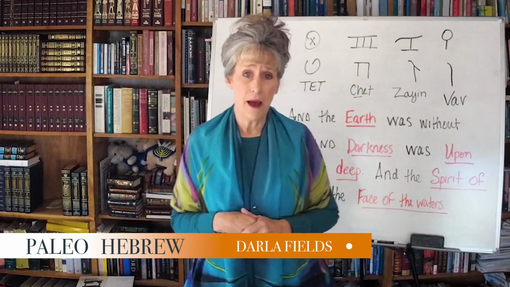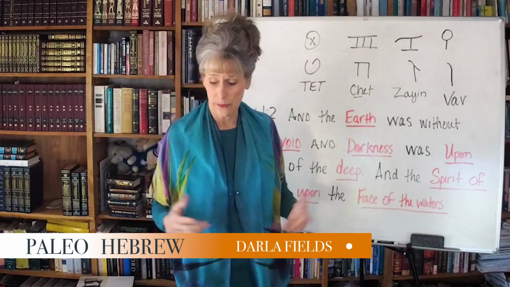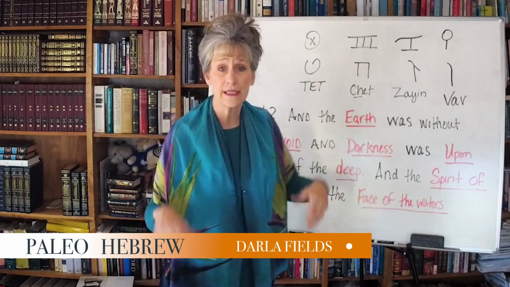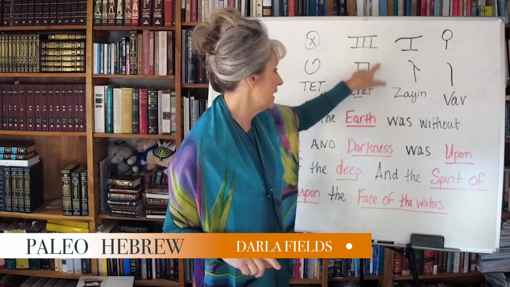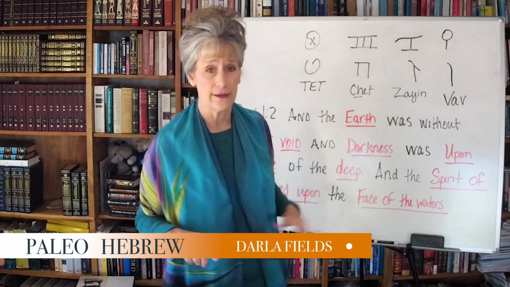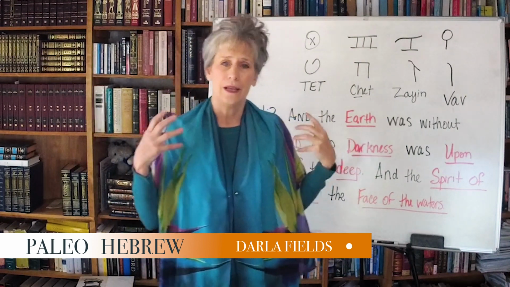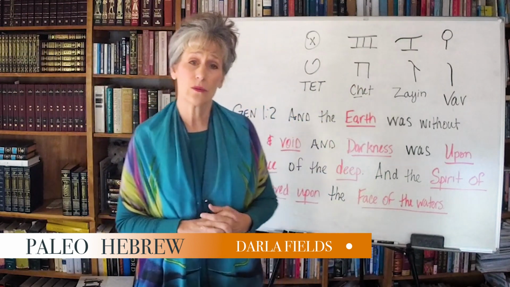And today in modern Hebrew, they use this letter right here as a symbol of life. They would put a yod beside it, and it becomes chai, which is life. And so this was a symbol of life as well. And again, you just had to read in context the Paleo Hebrew to understand what it was saying.